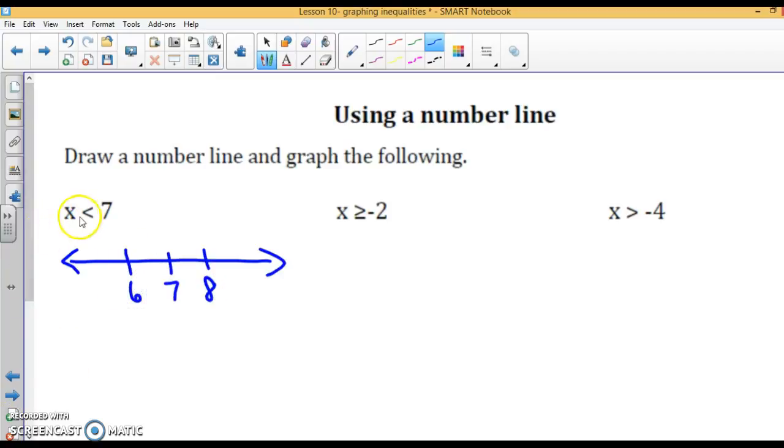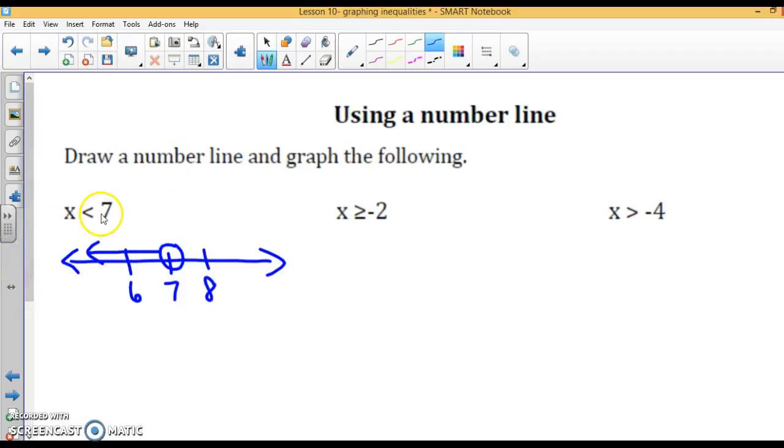It says x is less than 7. So we are putting an open circle on 7. Why is that open? Because 7 is not less than 7. So that open circle is showing that 7 is not part of the solution. But 6.999 is. So I'm going to shade down this way because all these numbers down here on this number line are less than 7.